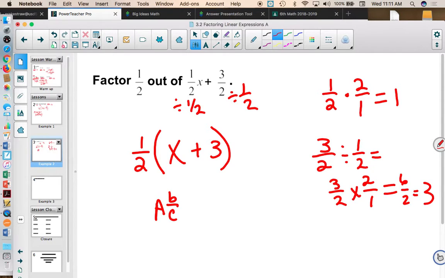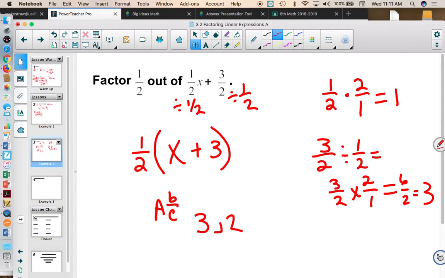Okay, that's the key you need to know where it is. If you look at 3 halves, I am going to turn it on first of all. I'm going to put in a 3, and then I'm going to push that A b/c key, and then I'm going to put in the 2. And so it looks like this on your calculator.